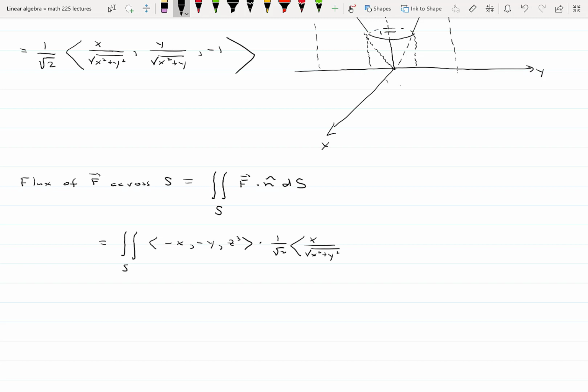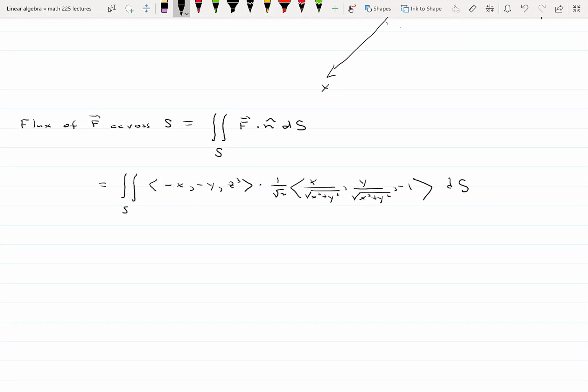Now these flux integrals tend to be symbol heavy. A lot of writing. So I'm writing out the normal vector again. And dS, which we have not computed yet. dS is the same differential element of surface area that we started this lecture on a couple hours ago, okay?